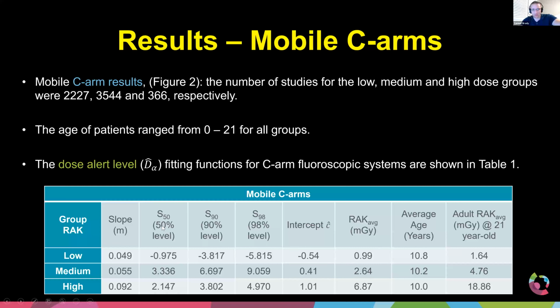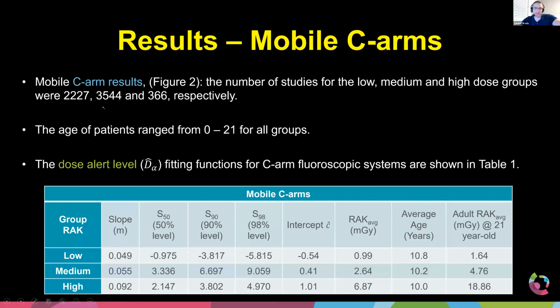They'll give you the 50th percentile, the 90th percentile, 98th percentile, whatever you want. So the 5%, the 1%, whatever you want for your alert level. And this value right here is going to be somewhat equivalent to your DRL. Not that it is a DRL. And I'll give you an example of how to use this.